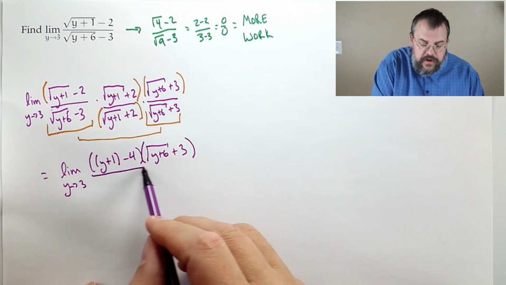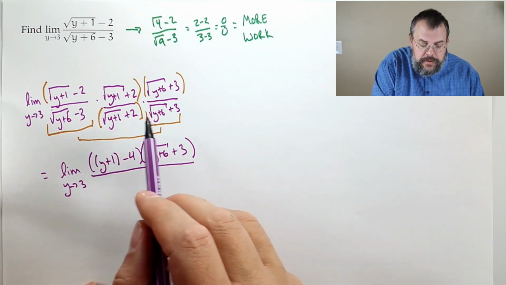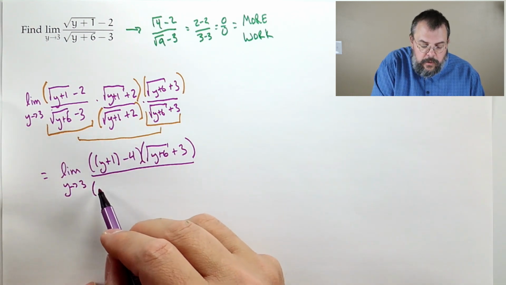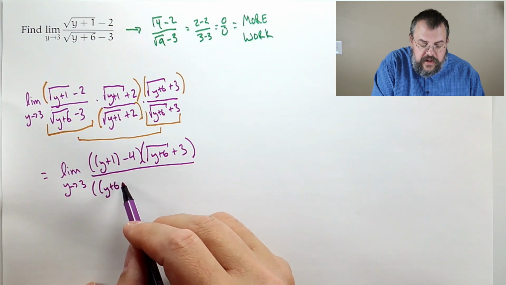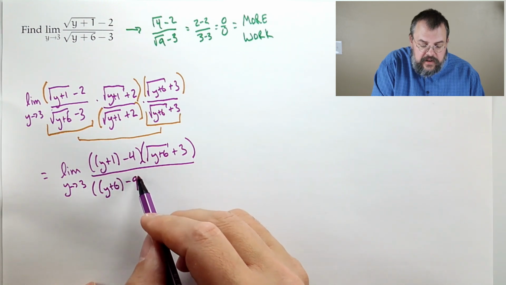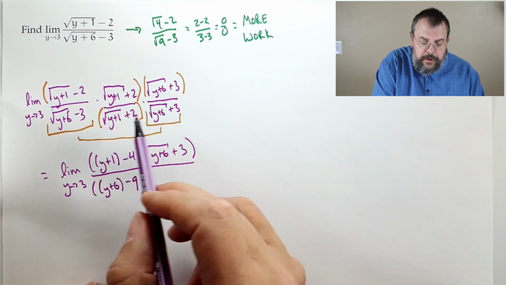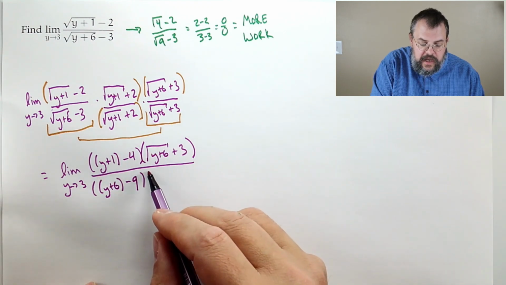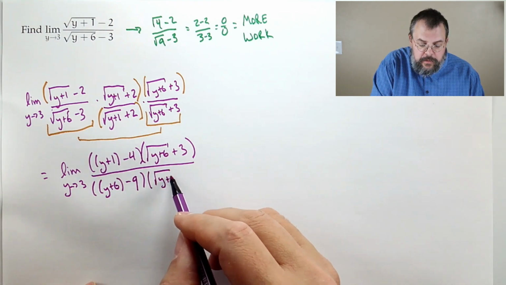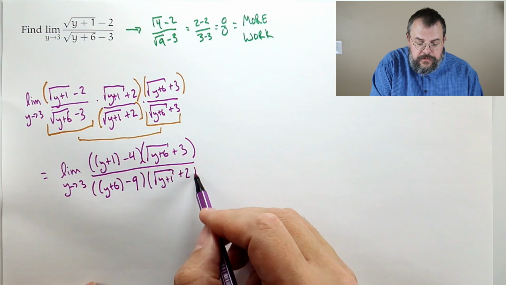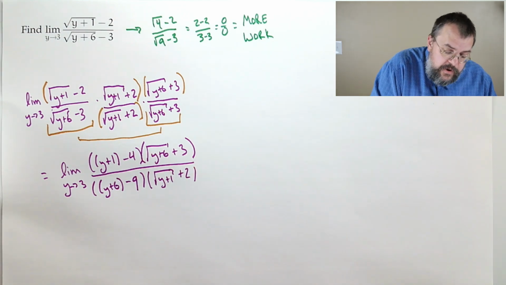Make sure you get those parentheses there. When we do these terms, you're going to get y plus 6 minus 9. So again, a squared minus b squared. And then the square root of y plus 1 plus 2. All right, so far so good.